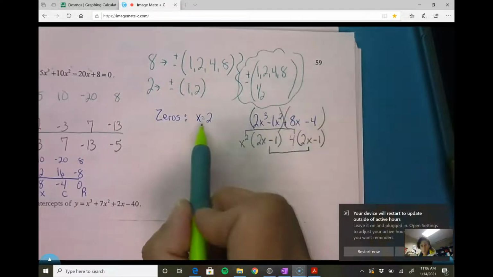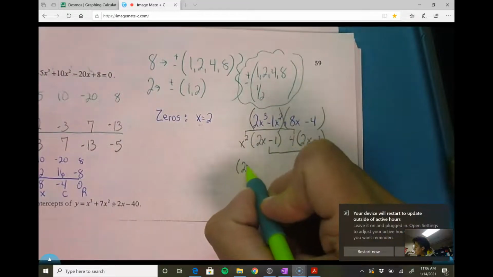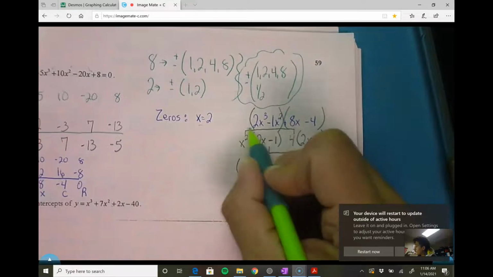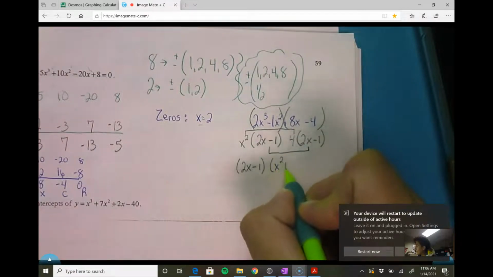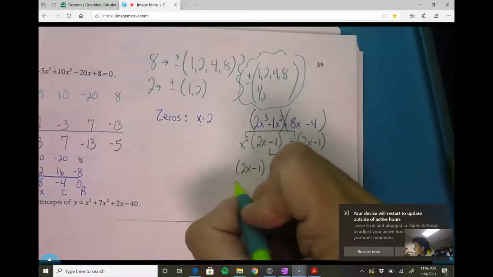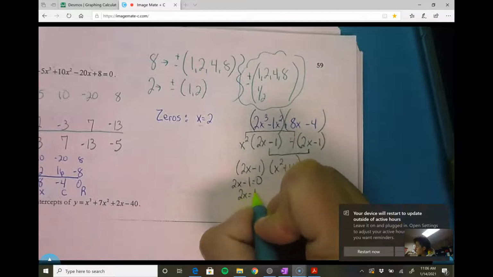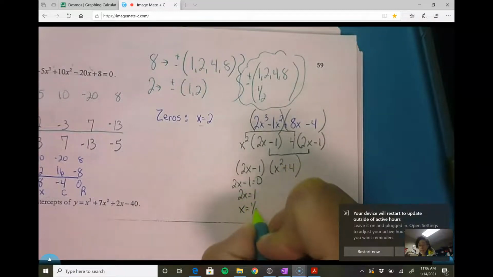And so now I'm working on finding the other zeros. One factor is the matching set, 2x minus 1. The other one are the things on the outside, so x squared plus 4. And now I'm just going to set each factor equal to 0 and solve. So for this one, I'd start by adding 1 and dividing by 2, and I get a half.